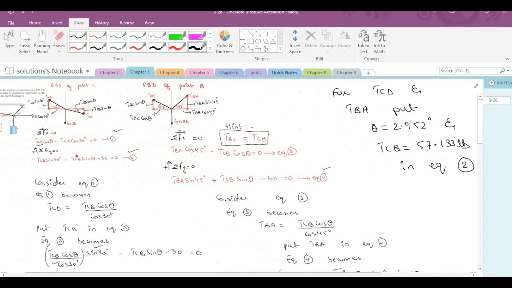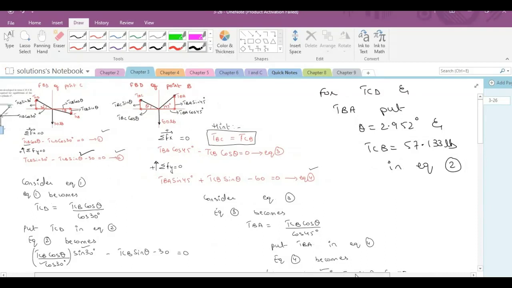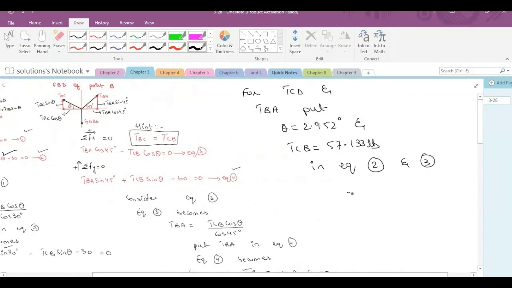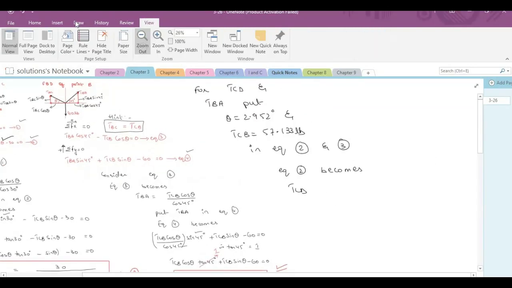So this right here is the equation 2. So equation 2 becomes TCD, let me zoom out a little bit.